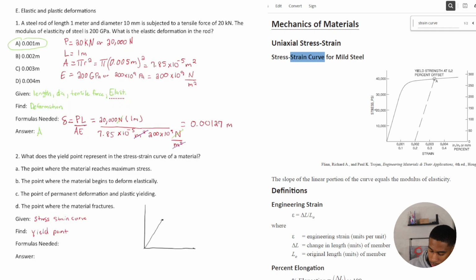And when it begins to yield for metal, or if you're using a paper clip, right? If you try to unwind it at a certain point, if you apply too much stress or strain, then it's going to do something like this, which here signifies that it is rupturing. Here is the yield point, the point of no return.